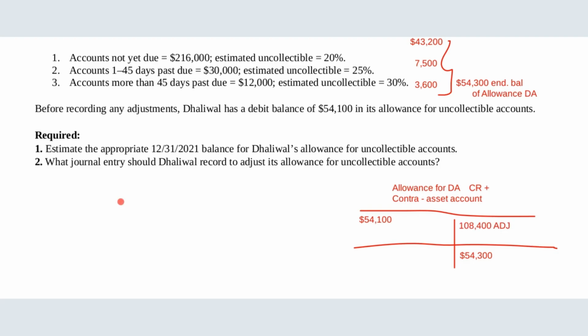So the adjustment is a debit to bad debt expense for 108,400 and a credit to the allowance for doubtful accounts of 108,400. Okay. Any questions?